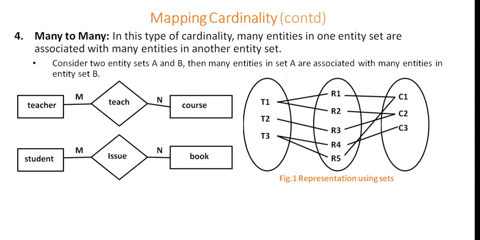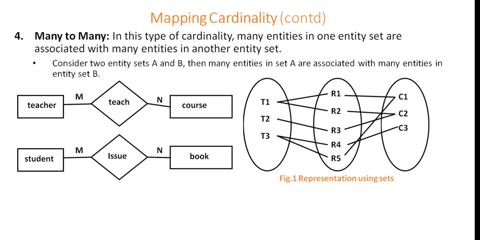Many teachers T1, T2, T3, relationships R1, R2, R3, R4, R5, and many courses C1, C2, C3. Here, if you carefully look at the relationship, teacher T1 is teaching course C1, okay, and teacher T1 is also teaching course C2. Then course C1 is taught by teacher T1 and course C1 is also taught by teacher T3.